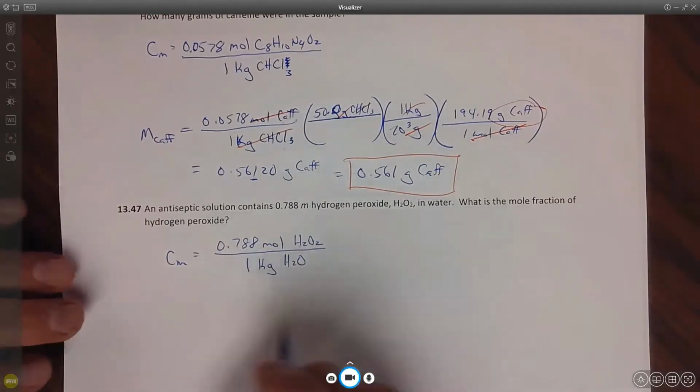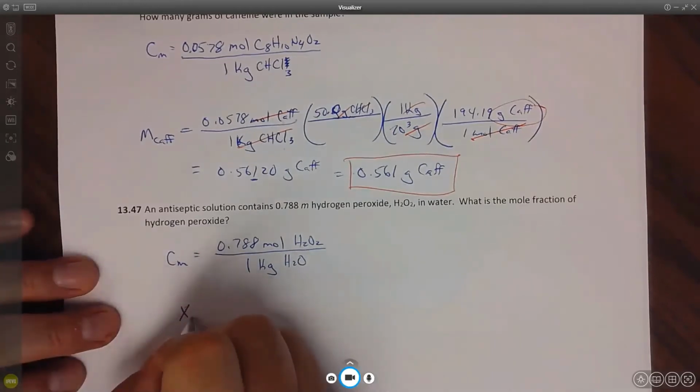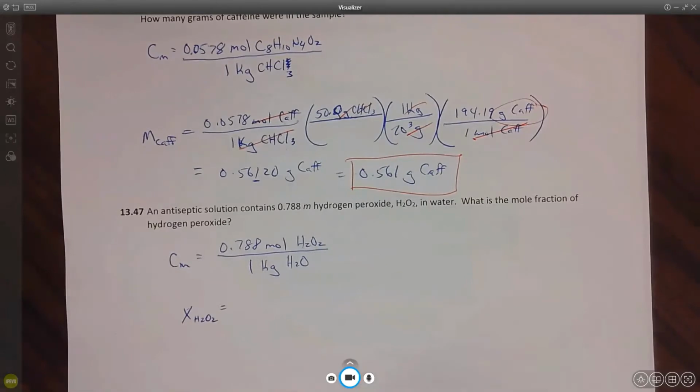What is the mole fraction? If I wanted to write an equation, what is the mole fraction of hydrogen peroxide? Kayla, what do you think?